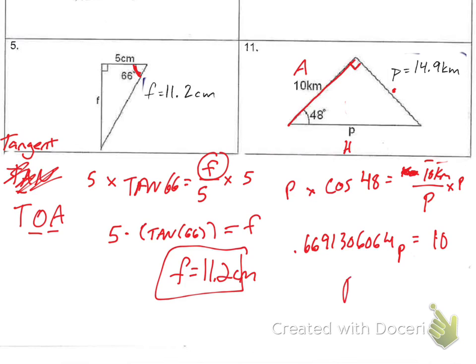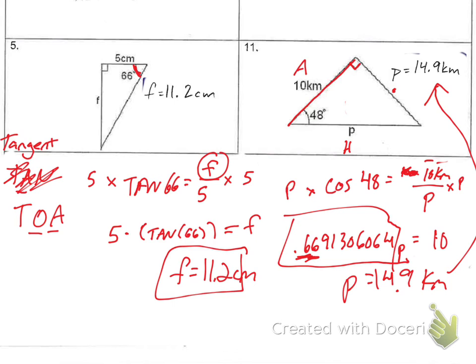So P is equal to 14.9 kilometers. So I just had to make sure to keep this whole decimal instead of rounding it to 0.7. And I get 14.9 kilometers.